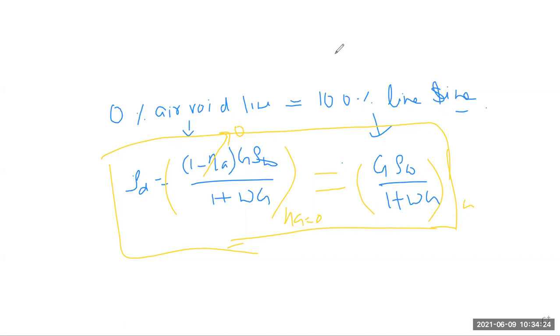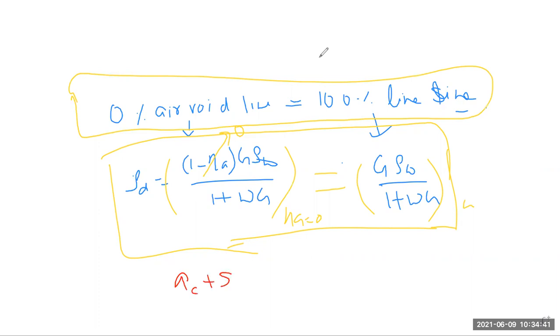This is clear. So the 0% air void line is equal to the 100% saturation line. This is valid. Now there is also a formula, AC plus S equal to 1. AC means air content, plus saturation, equal to 1.